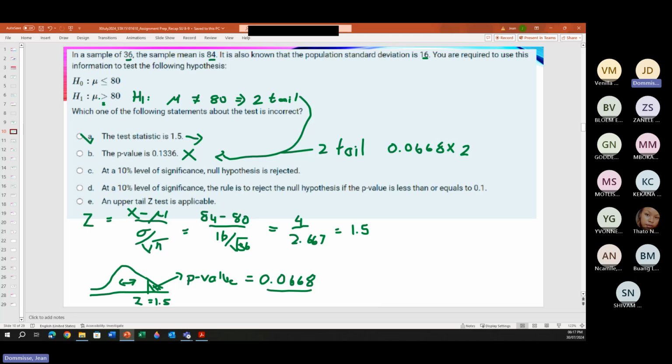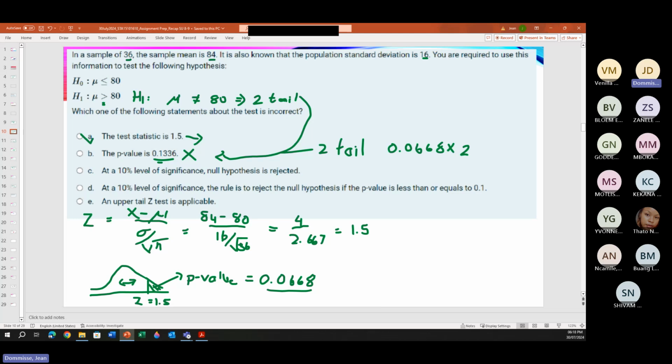So just be careful that if you do your assignment, that they don't throw in the two tail, because they have not tested at all in any of the questions nearly around the two tail. So just be careful, because like you said, that p-value times 2 will give you that. So when we have a two tail, it will be that answer.